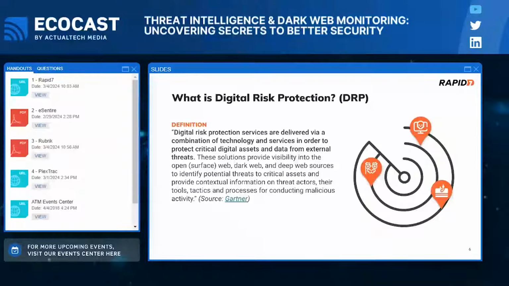And so to be able to look across the open or clear, deep and dark web sources, to identify where there are threats against your digital assets, your credentials, your domains, your brand, and being able to get information about these threat actors and the TTPs that they're using for these activities. So that's digital risk protection.